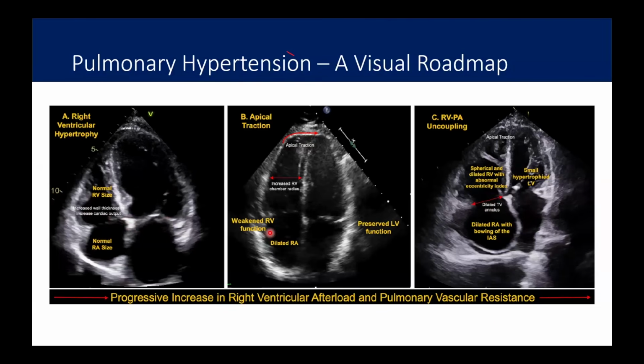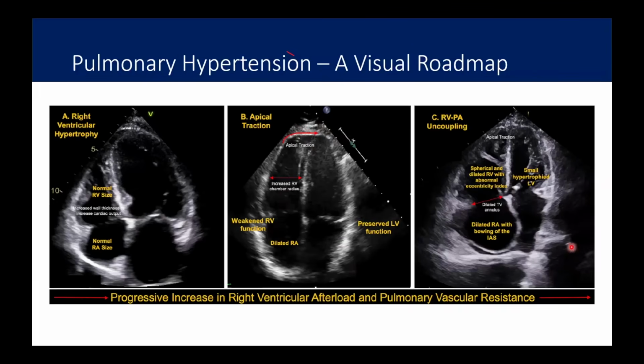As you progress in pulmonary hypertension, you develop maladaptive remodeling where the RV can no longer keep up. The chamber starts dilating, the contour starts shifting, and you start to see something called apical traction here. And that's where the apex is being tethered leftwards towards the LV, signifying that the RV is weak and it can't counteract LV forces.